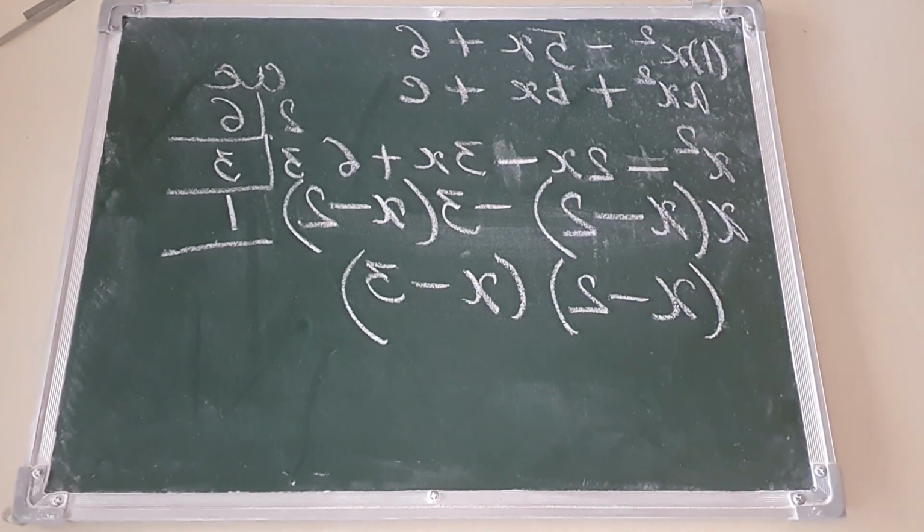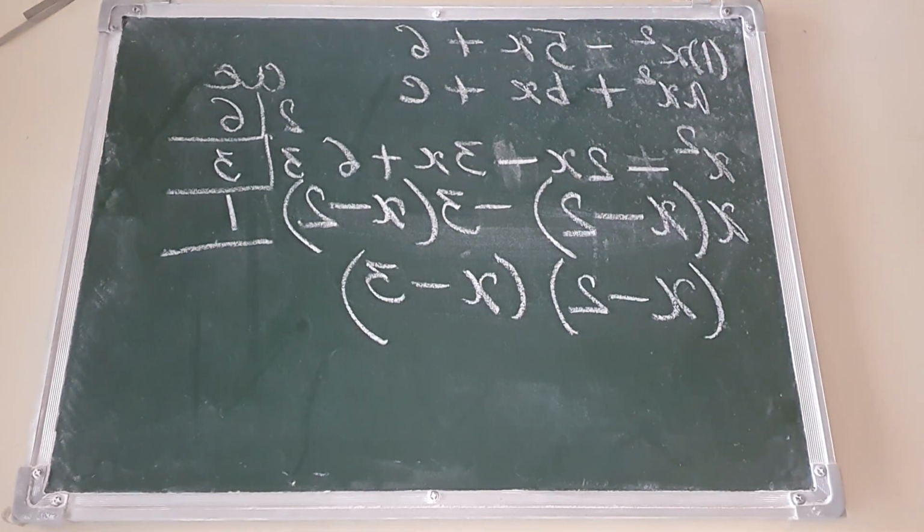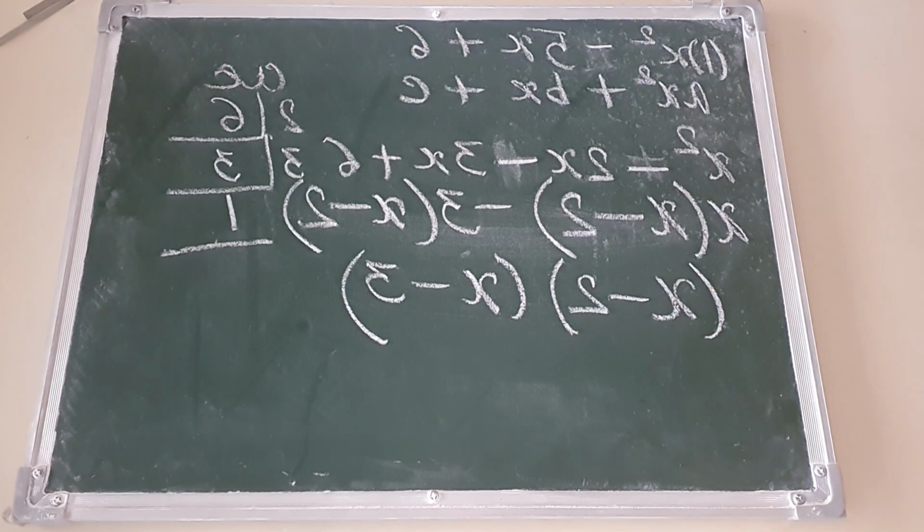So we have to split it in such a way that the sum becomes minus 5. So we can write it as minus 2 and minus 3. So since it is having a variable of x, it becomes minus 2x minus 3x. So our equation becomes x square minus 2x minus 3x plus 6.